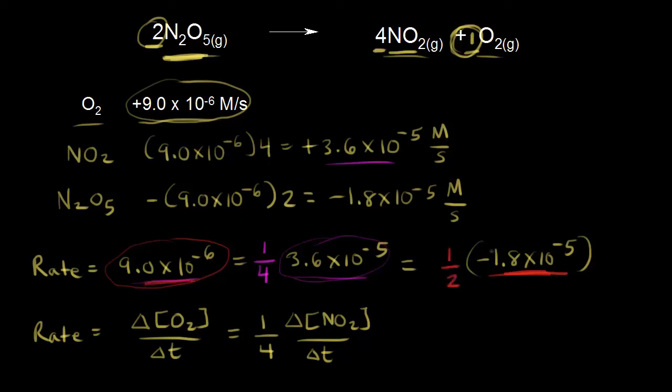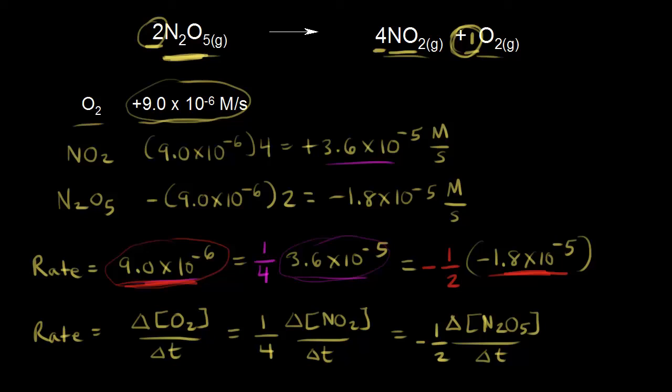I need to get rid of the negative sign because rates of reaction are defined as a positive quantity, so I need a negative here. So that gives me 9 times 10 to the negative 6. So if I want to express my rate in terms of the disappearance of dinitrogen pentoxide, I'd write the change in N2O5 over the change in time, and I need to put a negative 1/2 here as well.